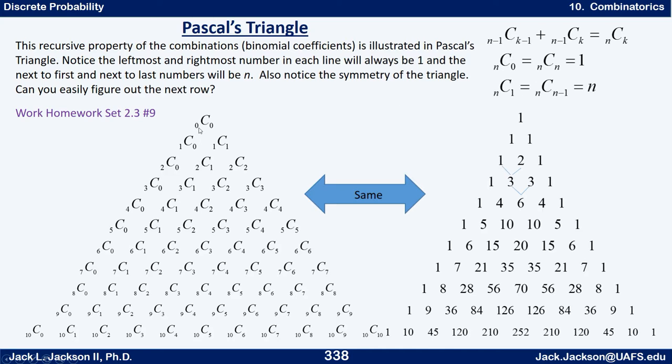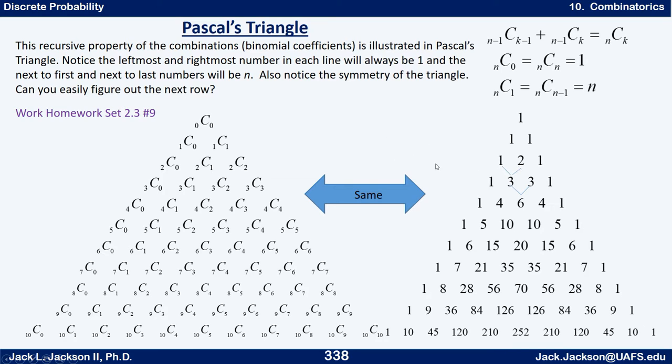So if we set up a triangle like this, we start with 0 choose 0, which is just 1. 1 choose 0 and 1 choose 1 is also 1. In fact, all of these on the outside are something choose 0, so they're all 1s on the first number in the row. The last number in the row is always n choose n, and it's also 1.